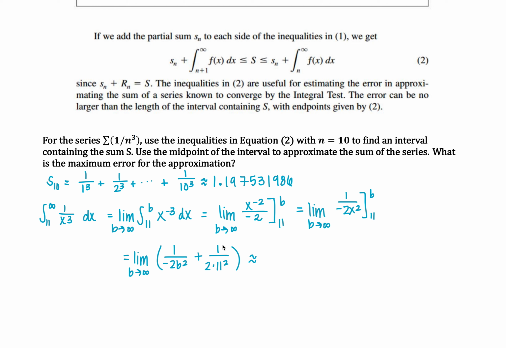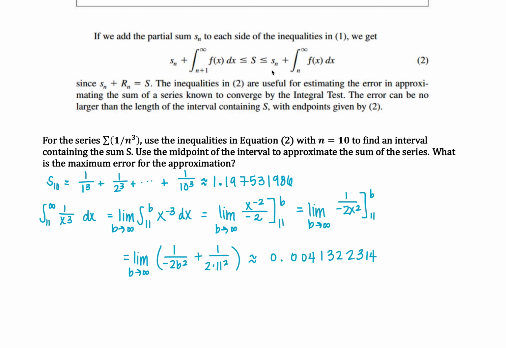So we're left with just 1 over 2 times 11 squared. And that's going to be approximately 0.0041322314. I've got lots of place values here. Now that actually takes care of the left side.